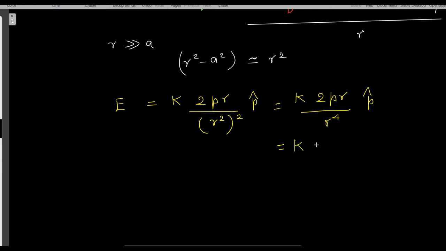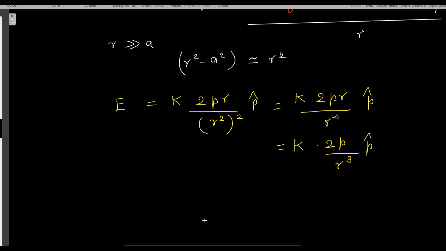So K into 2pR divided by R to the power 4, R and R are cancelled. So I just mention this as 2p divided by R cubed into unit vector P.